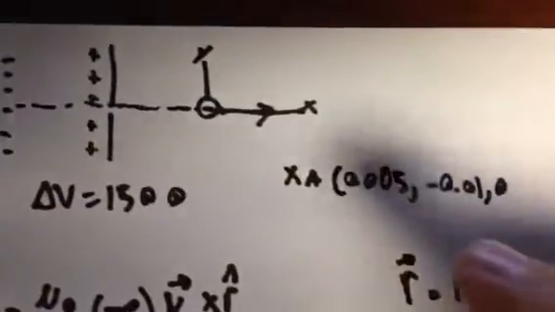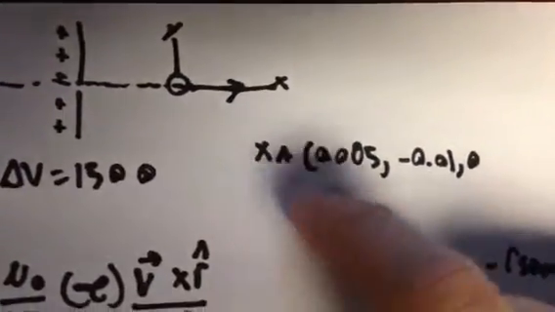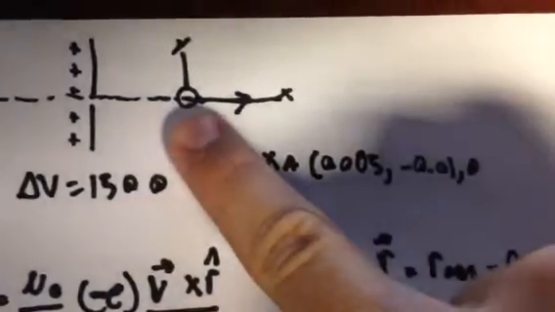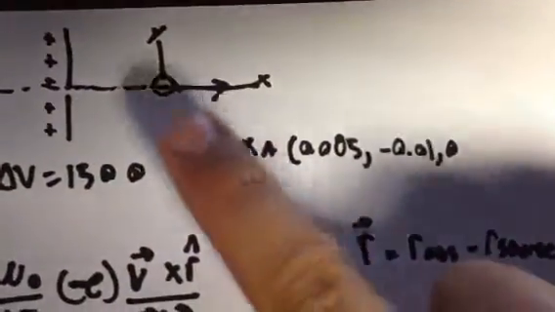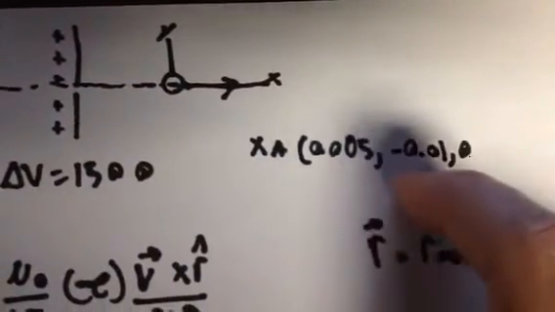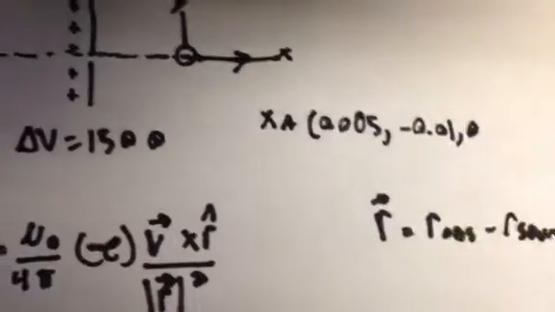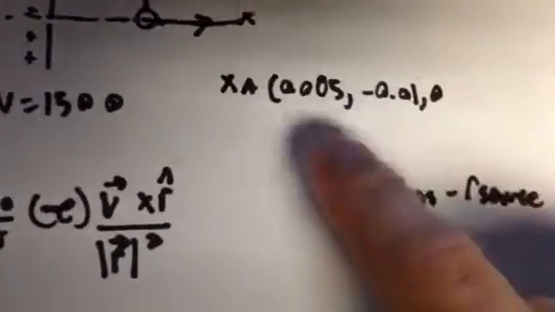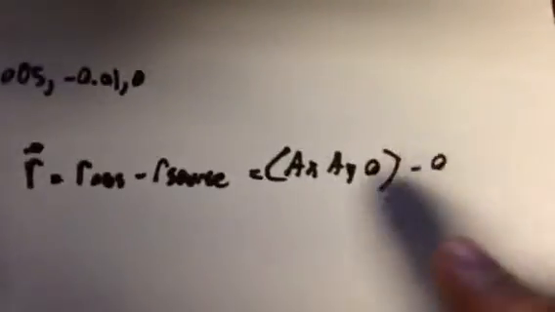The observation location is right here, xa, so it's this vector minus the source, which we're going to take to be at the origin. So this is 0.005, negative 0.010, 0, minus the 0 vector, which is just the exact same thing.